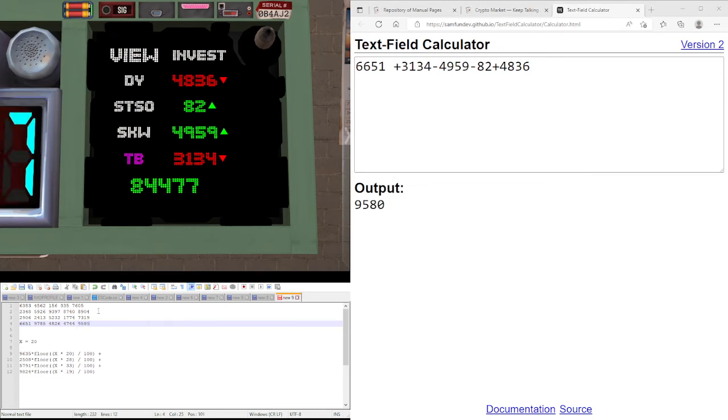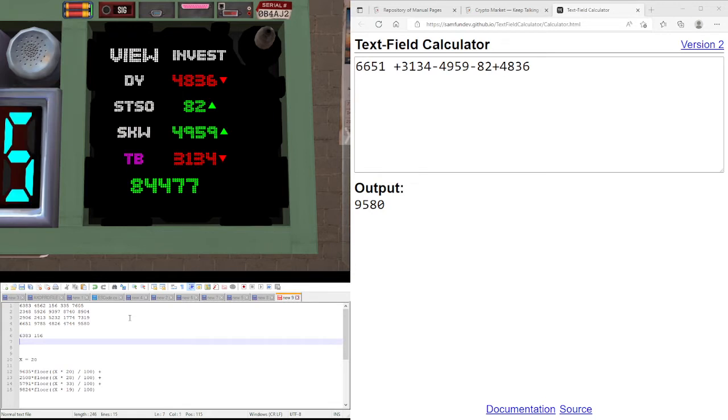So, now ignoring this end value, we're going to find the top and bottom values for all of these. So the top value, not including the last one, for this one is this, and the lowest is this. So the highest value was 6383, and then 156 was the lowest value. So we're going to do this for the rest of them.